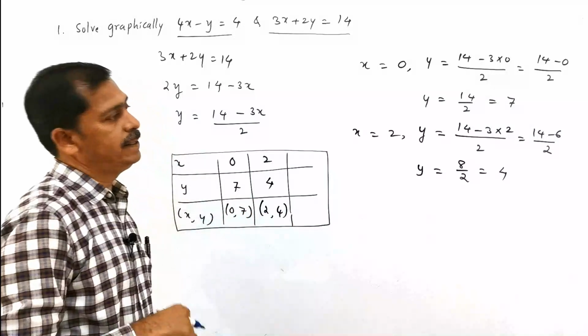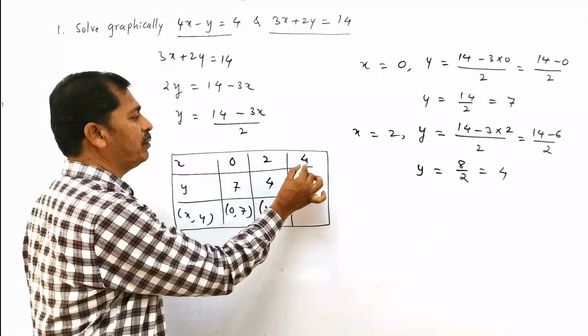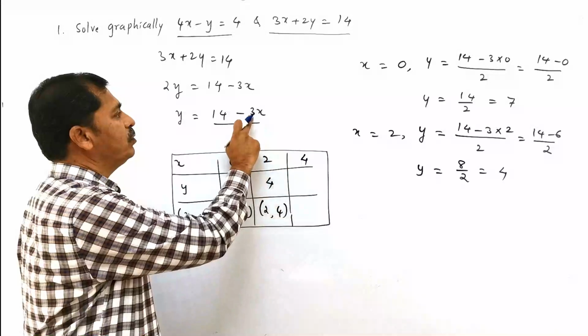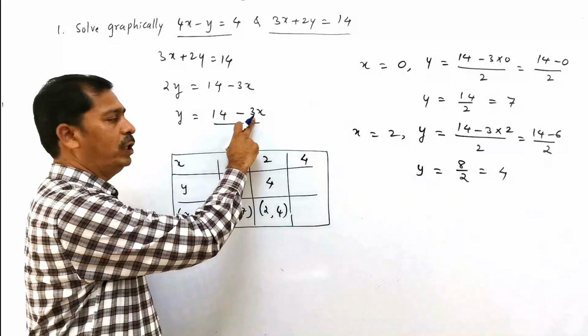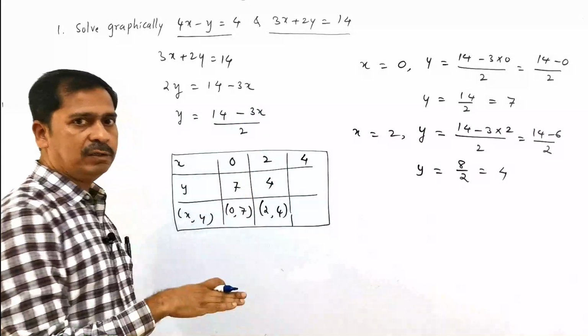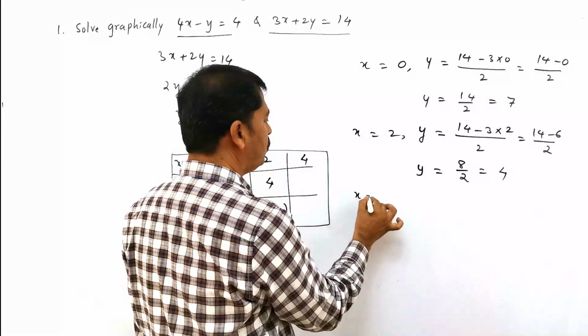Second coordinate. Similarly, we find out another coordinate by taking x is equal to 4. So 4 3s are 12. 14 minus 12, 2 only. 2 divided by 2, 1. You will get 1. That calculation we have to do now. Just observe here. x is equal to 4 I have taken.